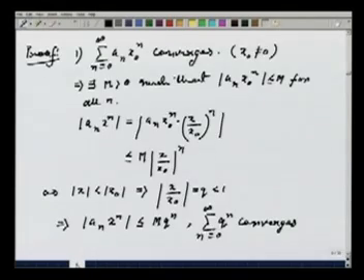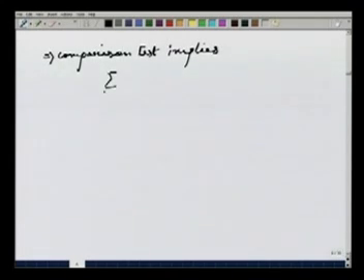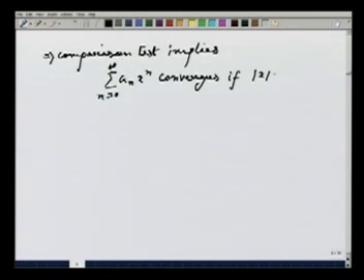Using that, it then follows by comparison test that summation n from 0 to infinity a n x to the power n converges if modulus of x is strictly less than modulus of x naught.